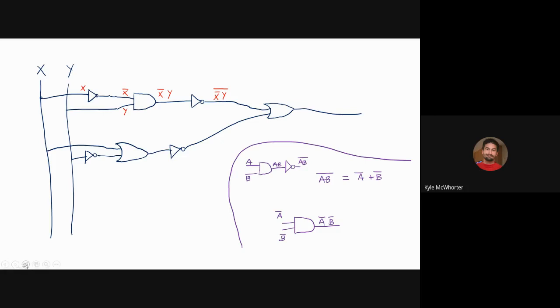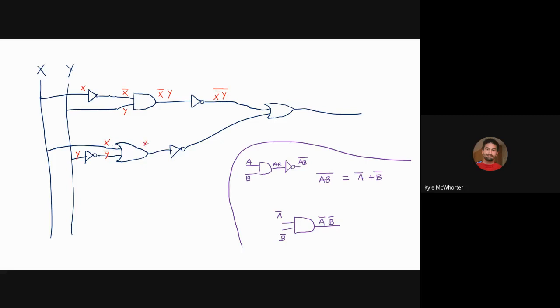Okay, back to this circuit. So we have not X and Y. Down here we've got X and then we've got Y, which goes through an inverter to be not Y. Then they go through an OR gate.